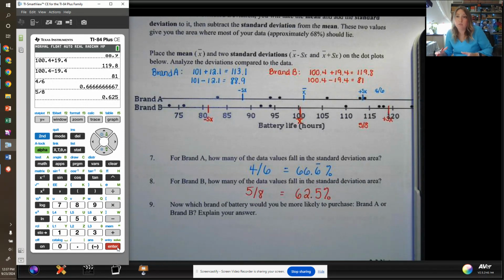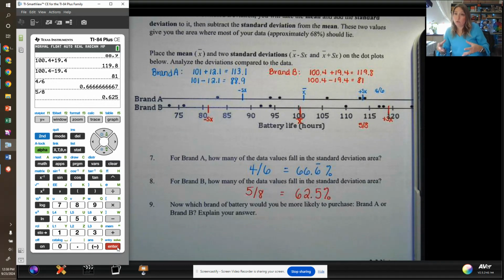Both right about 68% of the data. That's usually where it is, about 68% of the data. Now, we're talking about typically bigger data sets. These were very small data sets so that we had the time to plug into our graphing calculator and analyze.